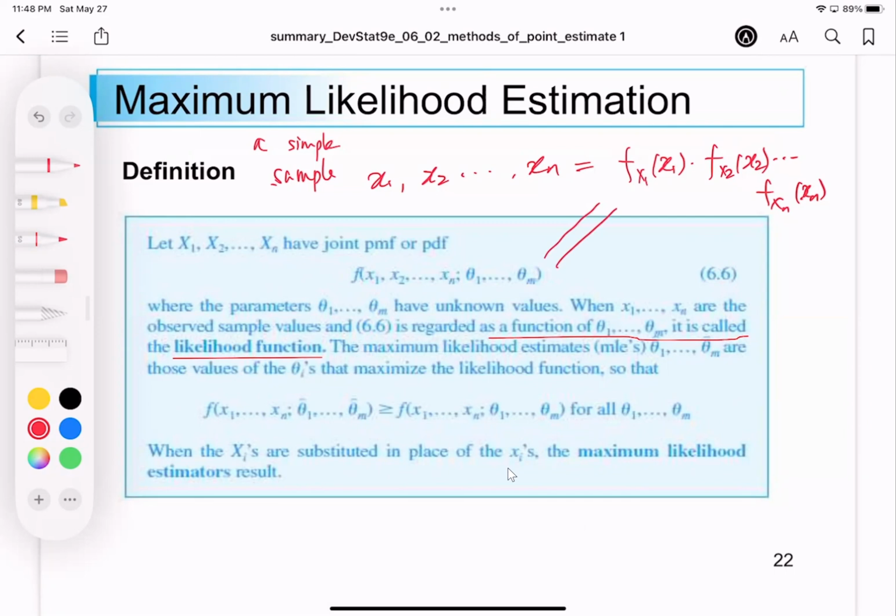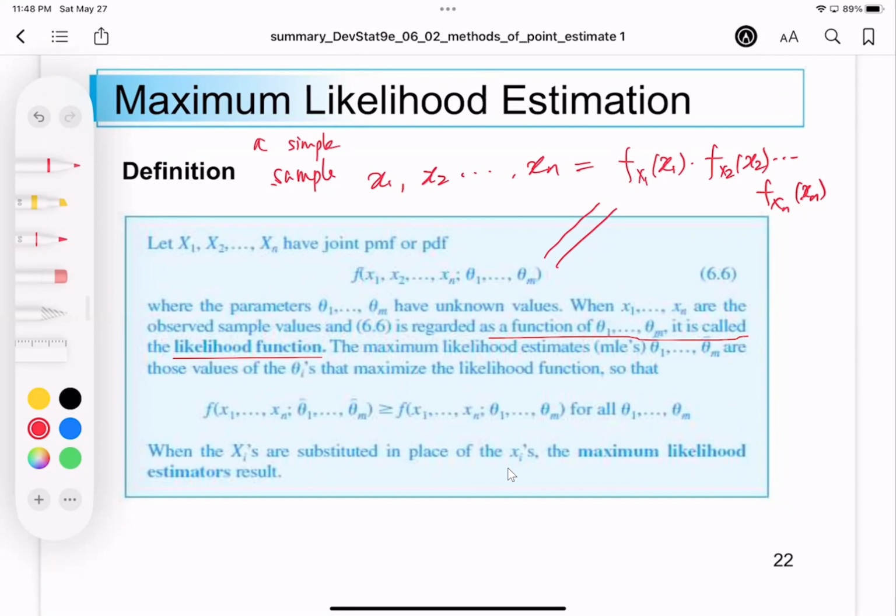And for this one, we try to maximize it because it has the unknown parameters theta in there. Depending on the distribution, there might be multiple parameters. For example, in the normal distribution, you have the mu and the sigma in there, so 2 parameters. And the parameter values that maximize this joint probability distribution are called the maximum likelihood estimate.